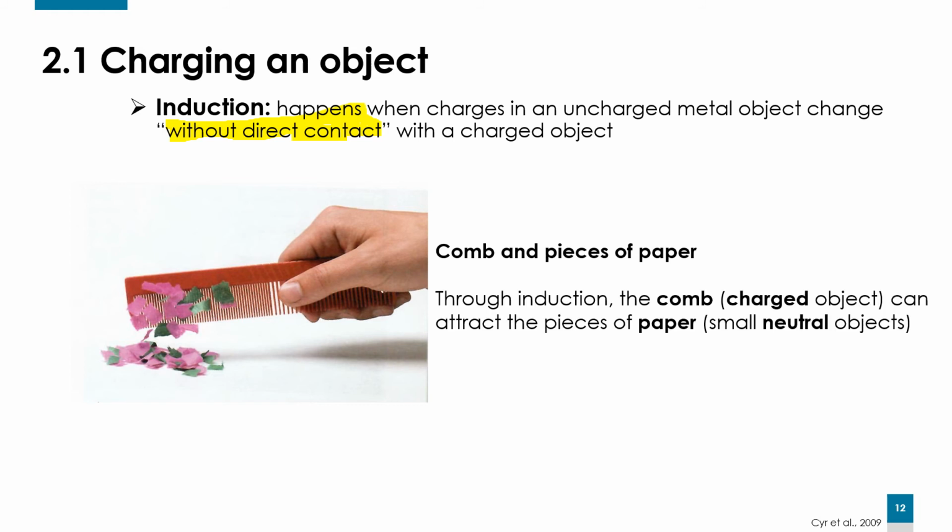So through induction, the comb that's charged is going to attract some pieces of paper that are neutral. Okay, so this is induction. Why? Because you don't need to touch the paper. You can just bring it a little closer, and without touching, the paper will stick to the comb. Okay.